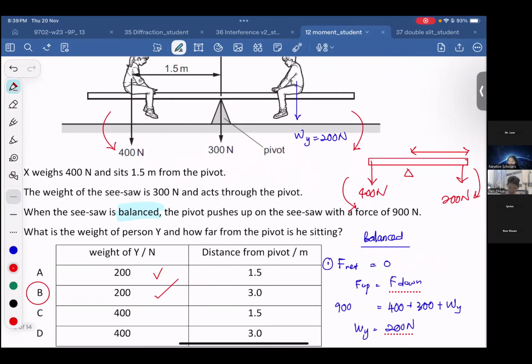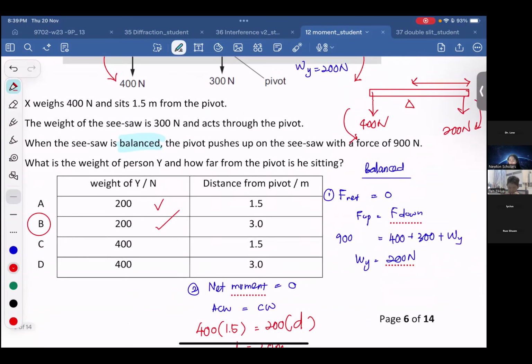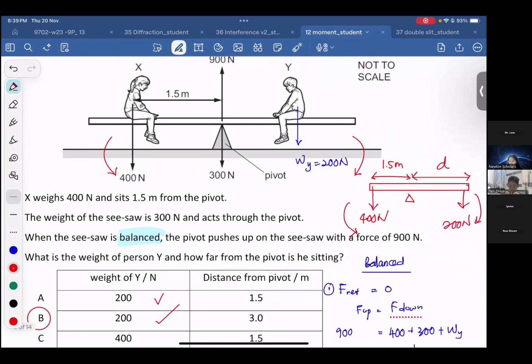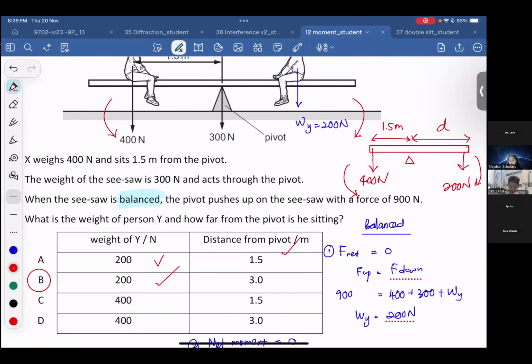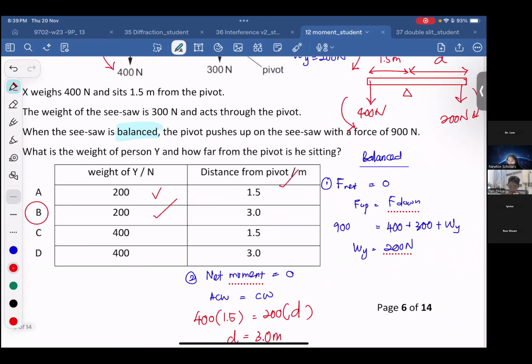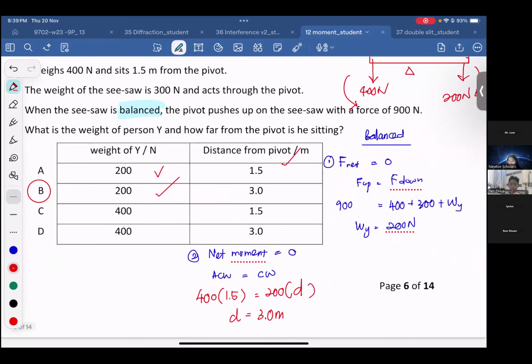So here I just use 400 times 1.5. Here is 1.5 meter. Then for the 200, we want to find this distance, the distance from the pivot caused by the boy. How far from the pivot? After doing the calculation, we found out that the boy needs to stay at 3.0 meter.